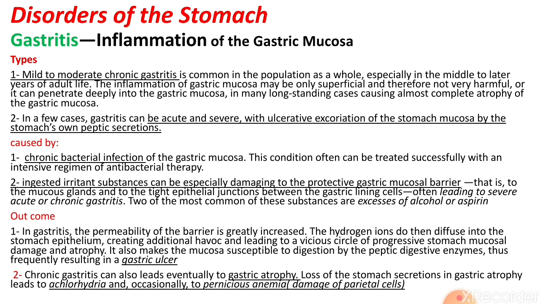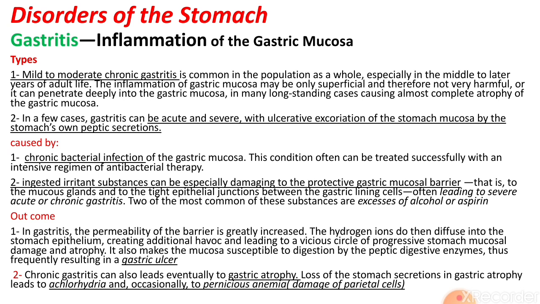So any defect which might cause damage to this barrier, the mucus and the adhesion between the epithelial cells, as we said, there is a tight junction between these epithelial cells, will cause the permeability to the gastric secretion to increase.